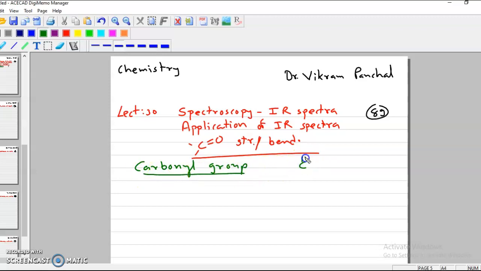But in this case, carbon has two free valencies and therefore there are many subgroups of carbonyl.